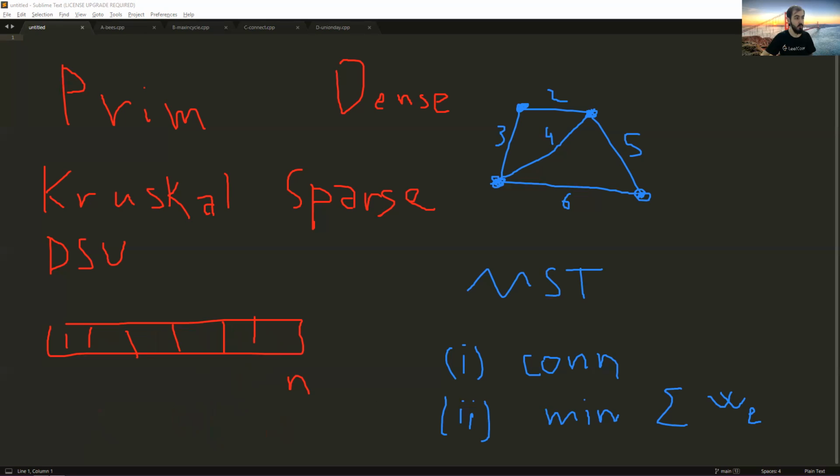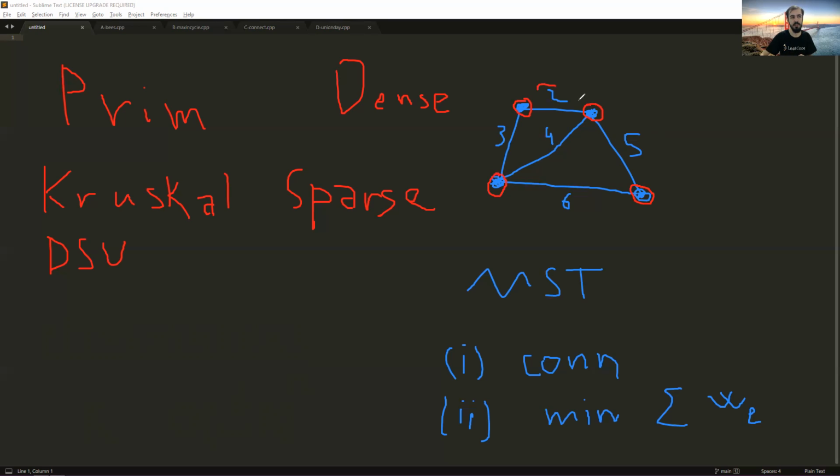And the reason why we want this data structure in the first place is that in Kruskal's algorithm, we initially create a separate set for each vertex. And then we say, oh, we would like to unite some sets, right? What is the cheapest way to unite two sets?